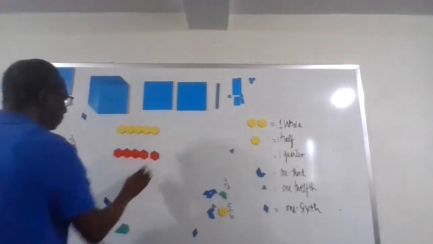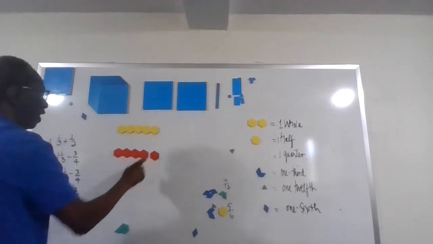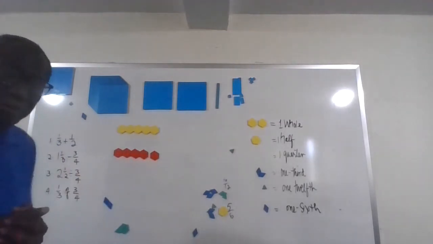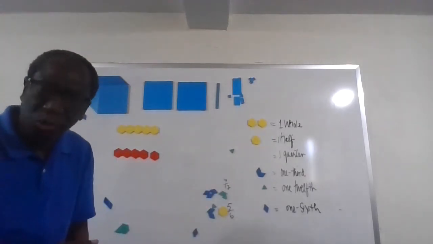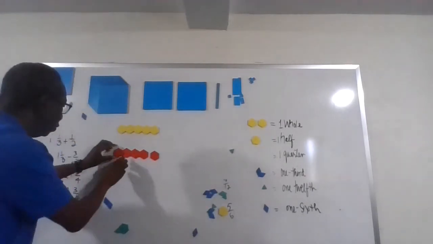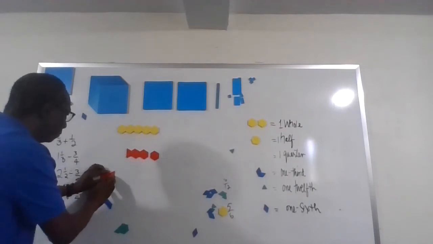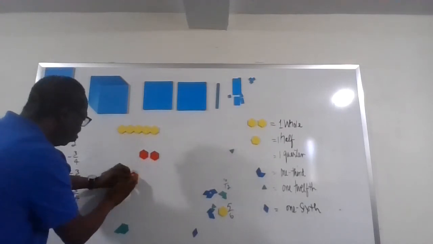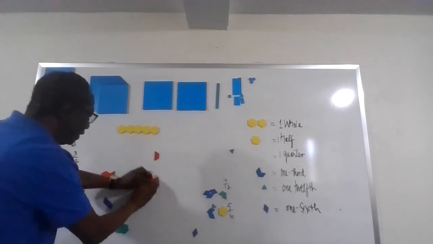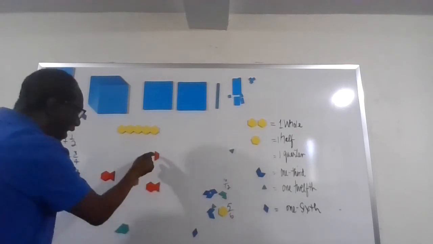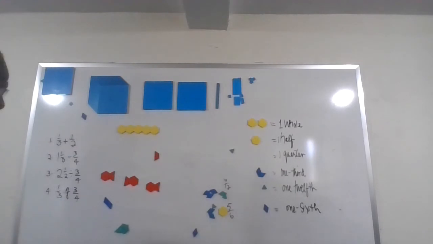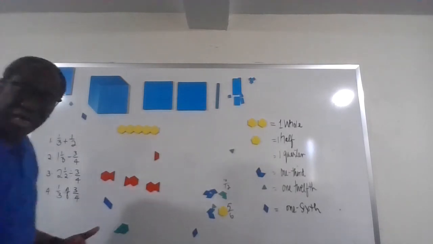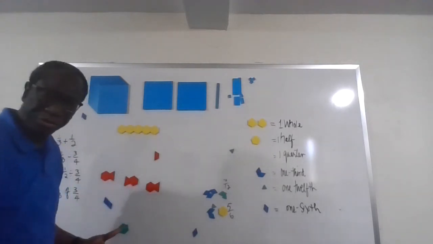Okay. So 1, 2, 3, 4, 5. Every time I take 3/4 or 3 of them out, that's 1 time. So that's 1 time. That's 2 times. That's 3 times. And a third of a time. So my answer there would be 3 and 1/3.